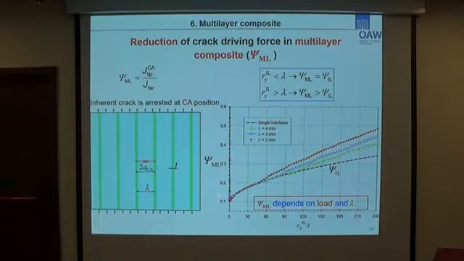Here in this figure, you can see psi multi-layer plotted versus the load for different wavelengths. As one can see, for multi-layer composite, the reduction of crack driving force is dependent on interlayer thickness, on load, and also on the wavelength of the composite.